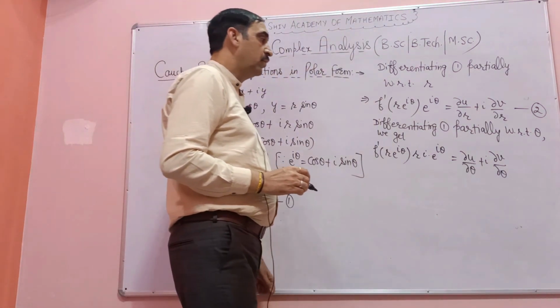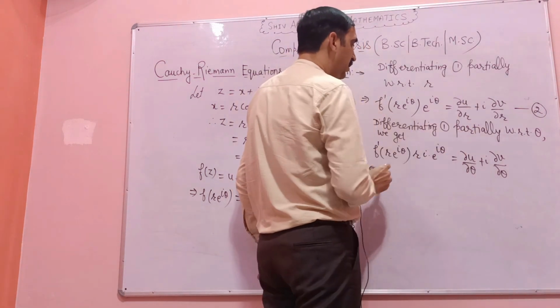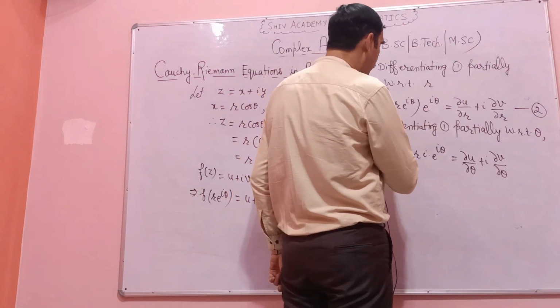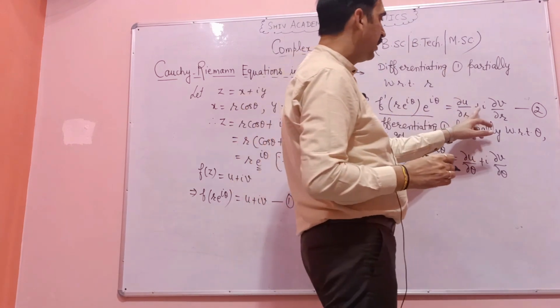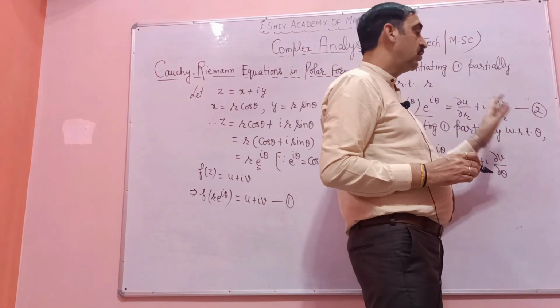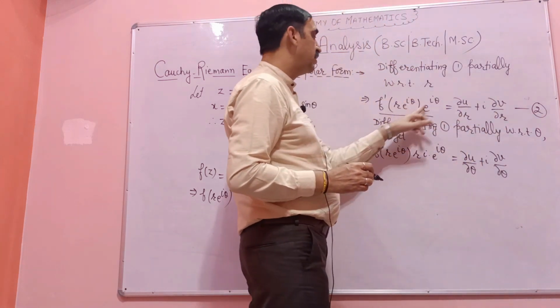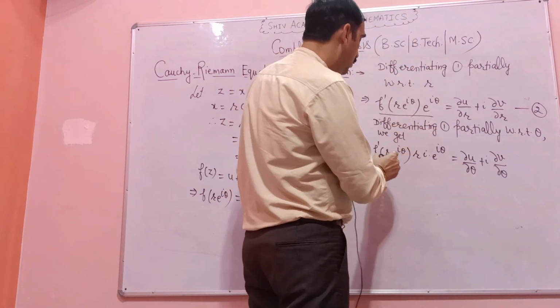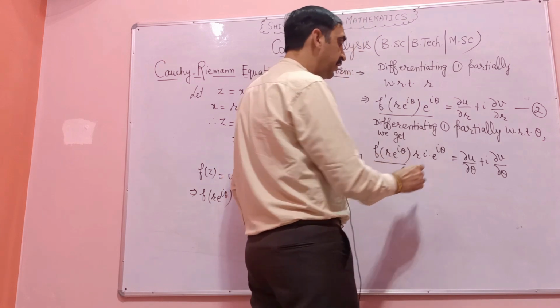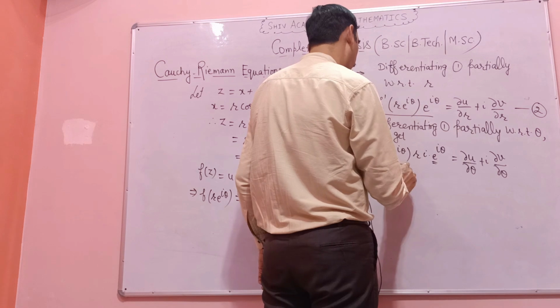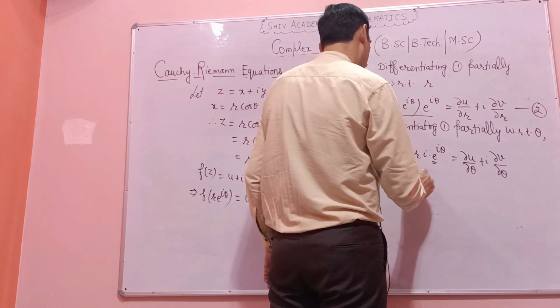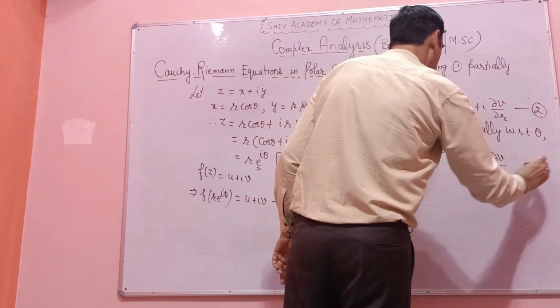So now what we do, if you look at number 2, we are having this f dash of r e to the iota theta into e to the power iota theta equal to ∂u/∂r plus iota ∂v/∂r. So we put the value of this whole value in this. So it is f dash of r e to the iota theta into e to the power iota theta. So using 2, we can take it as 3.